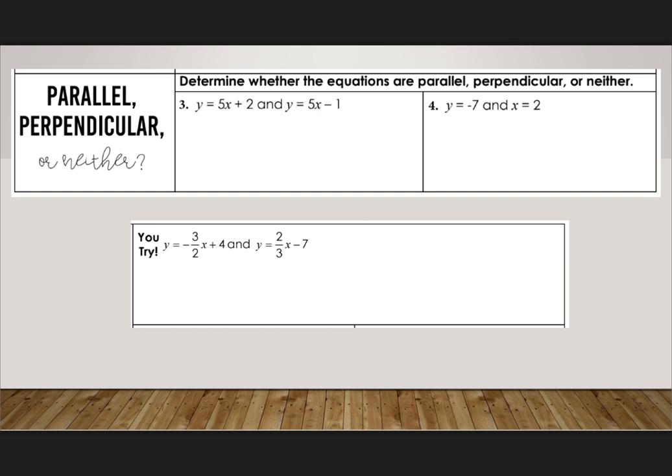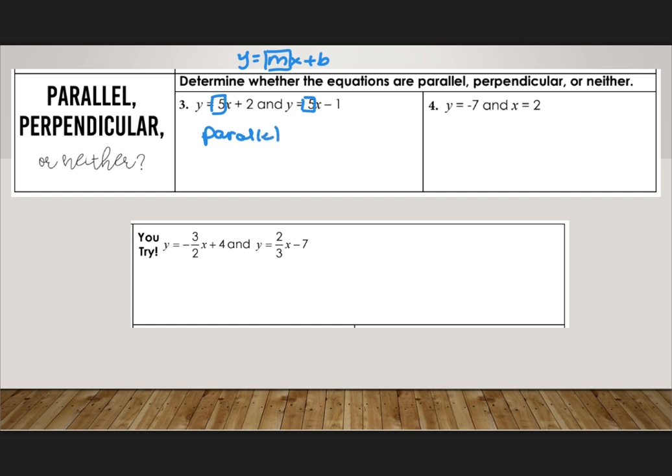And then here, this is just looking at the equation. Remember in an equation, whatever's right in front of the x, the equation is y equals mx plus b. The m is your slope. So if I look at the m's here, they're the same. So these are parallel.